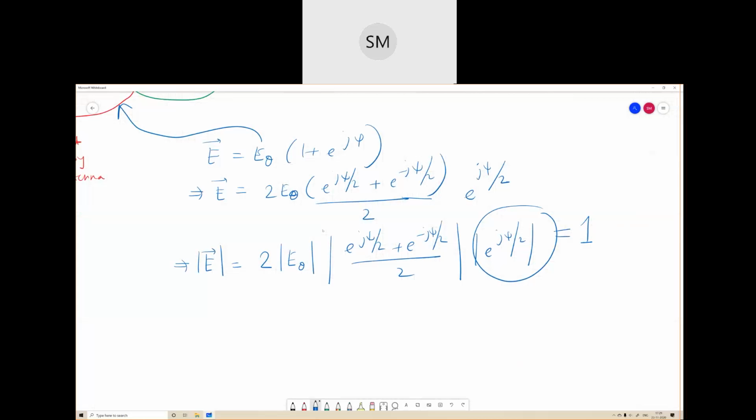What is this? This is equal to cos psi by 2, right?